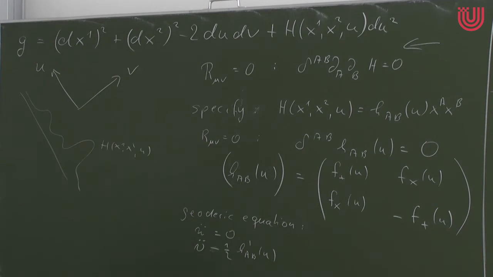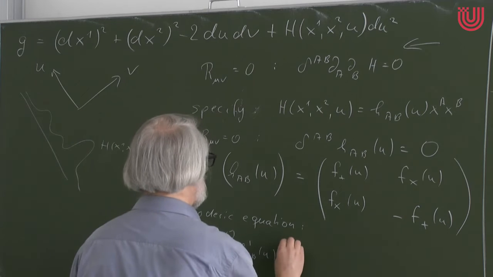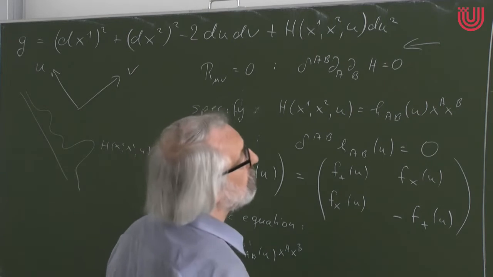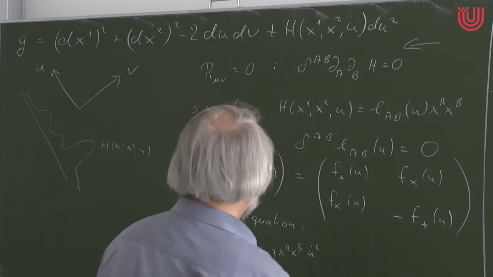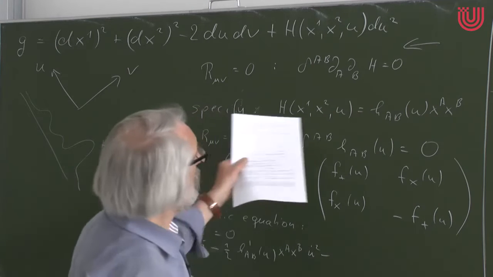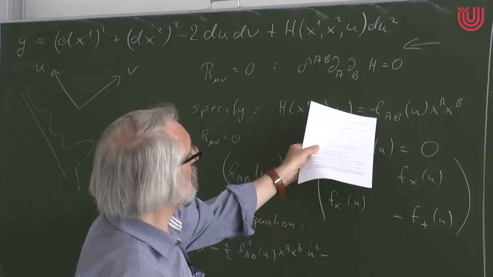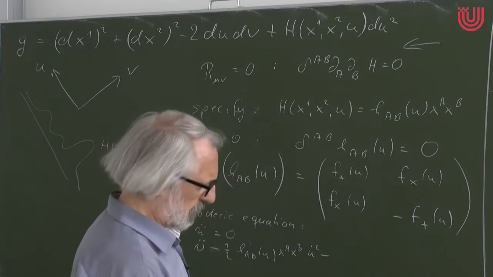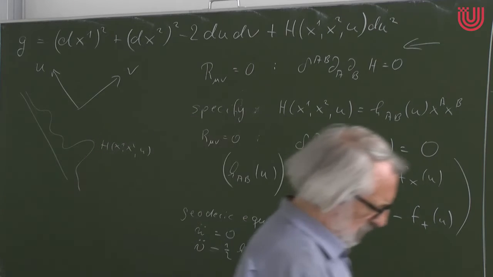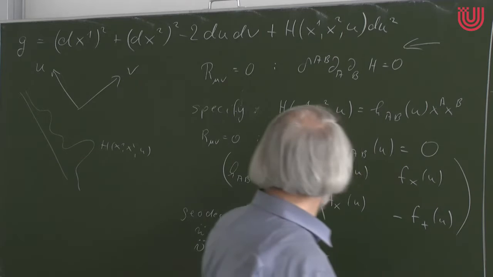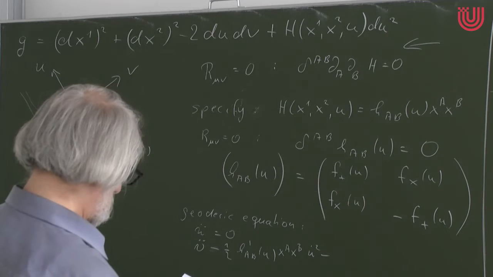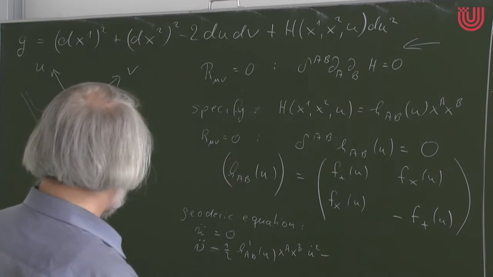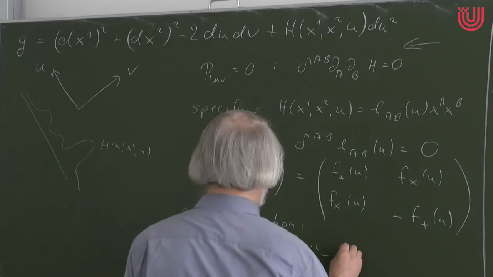H_AB depends only on u, and I write just the prime for the derivative with respect to u. x^A x^B u dot squared, minus the d_A h. This is 2 times, do I have a 1/2 here? Let me see. It's a convention, of course. No, I don't have a 1/2 here. Then I get a 2 here. I'm a little bit confused. Okay, but I think there should be a 2 now.